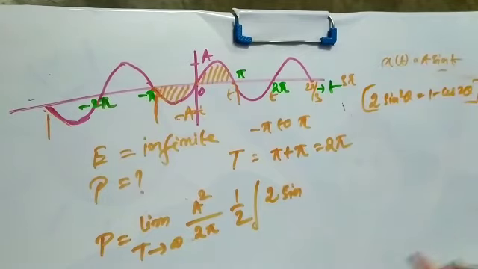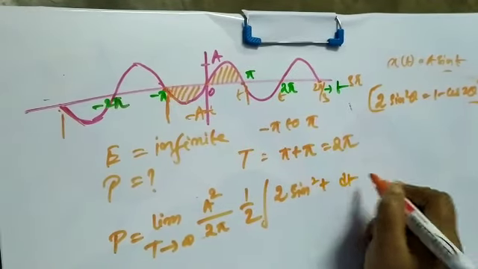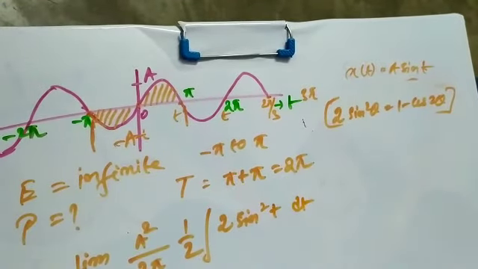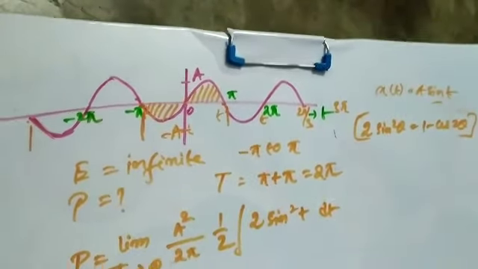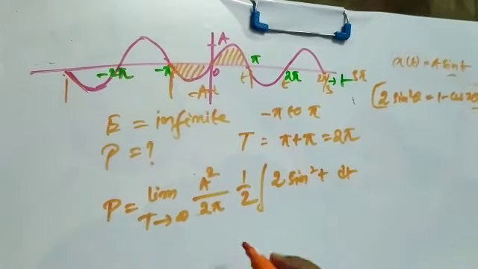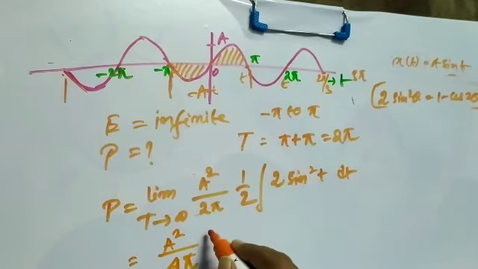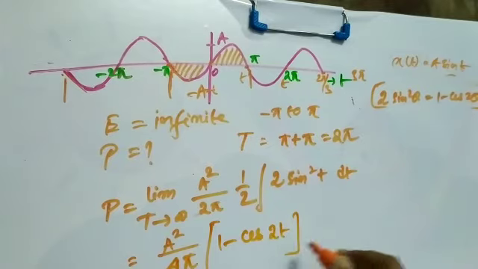So this formula is used here for sine square t dt. Again I write here A square by 4 pi, integral of 1 minus cos 2t dt.